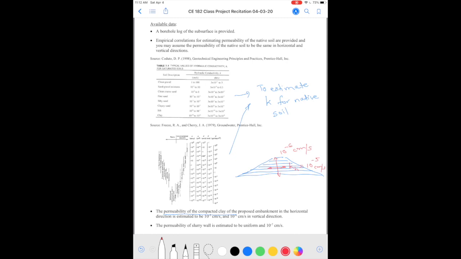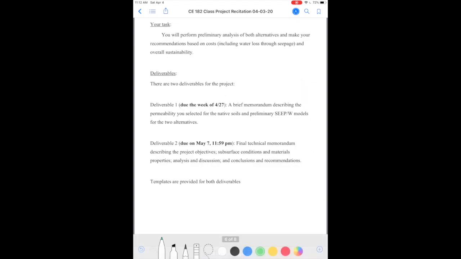And then the permeability of a slurry wall is estimated to be uniform and 10 to the negative 7 centimeter per second. So if you are adding a slurry wall, it's given a uniform permeability of 10 to the negative 7 centimeter per second. Your task is to perform preliminary analysis of both alternatives and make your recommendations based on cost and sustainability.